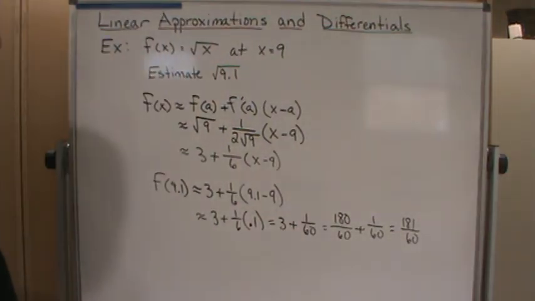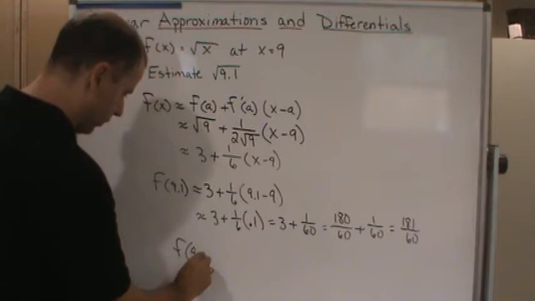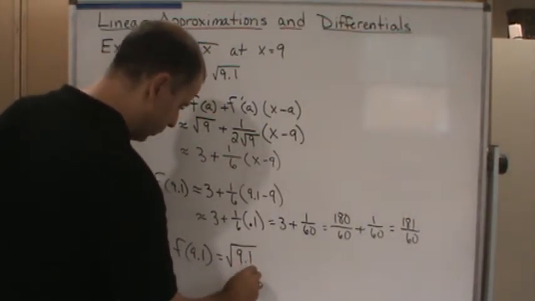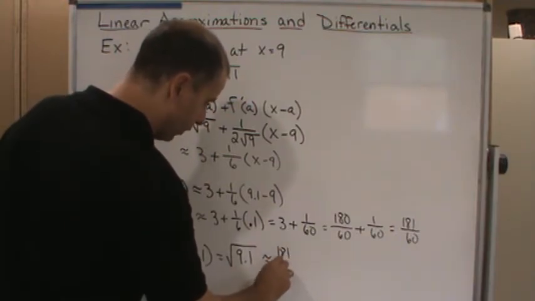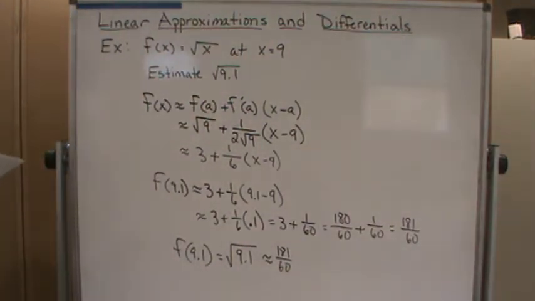And that's the approximation. So f of 9.1, which is the square root of 9.1, is approximately equal to 181 over 60.